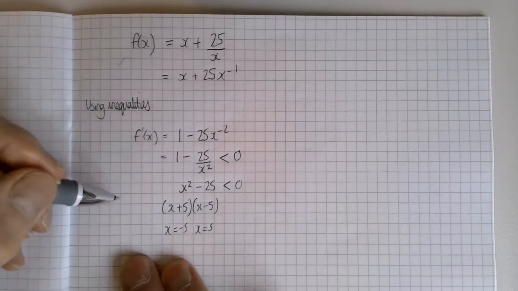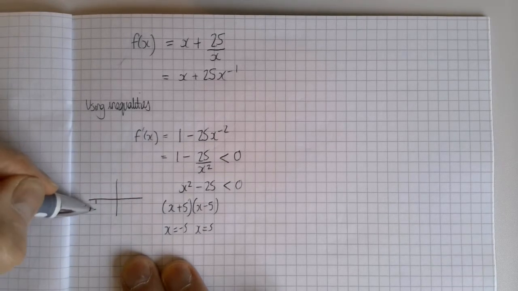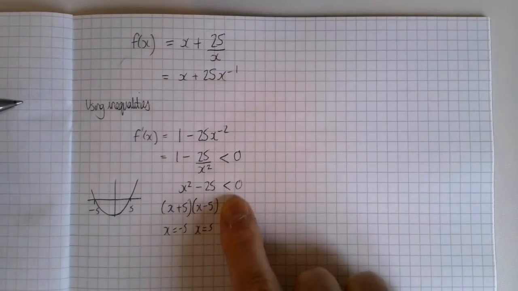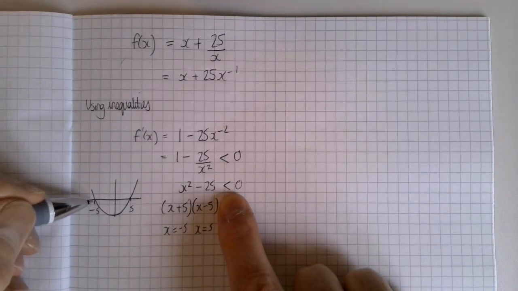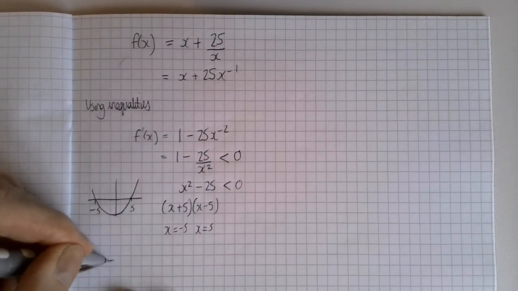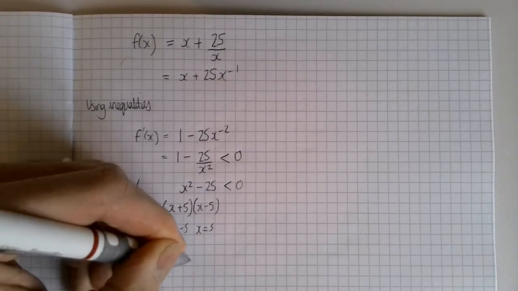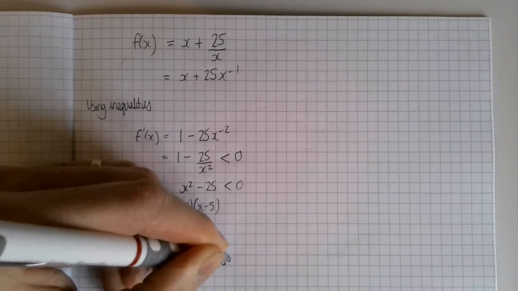So I know the quadratic has roots at 5 and -5, and I know what a quadratic looks like. So when is the quadratic less than 0? Well, it's less than 0 between 5 and -5. So that's when that function is decreasing.